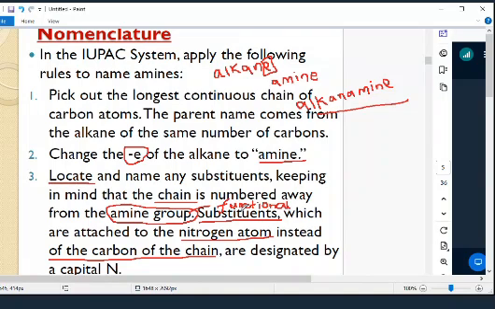If the substituent group is attached to a nitrogen, then we assign that particular substituent group as N. We have a few examples so that we can deepen that.